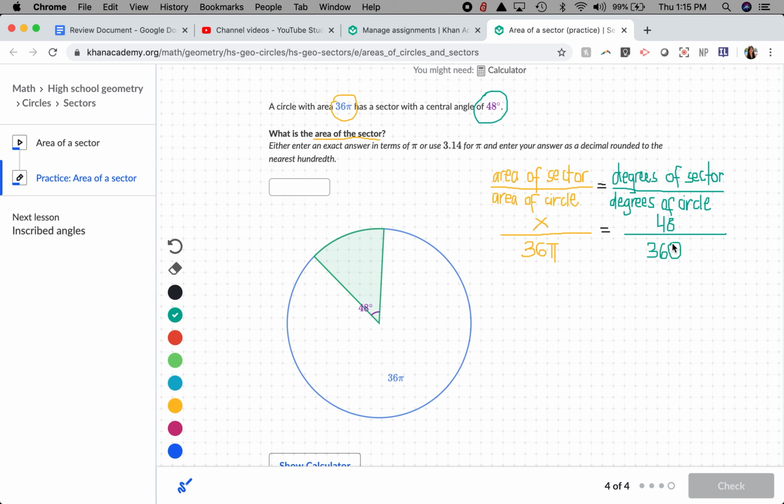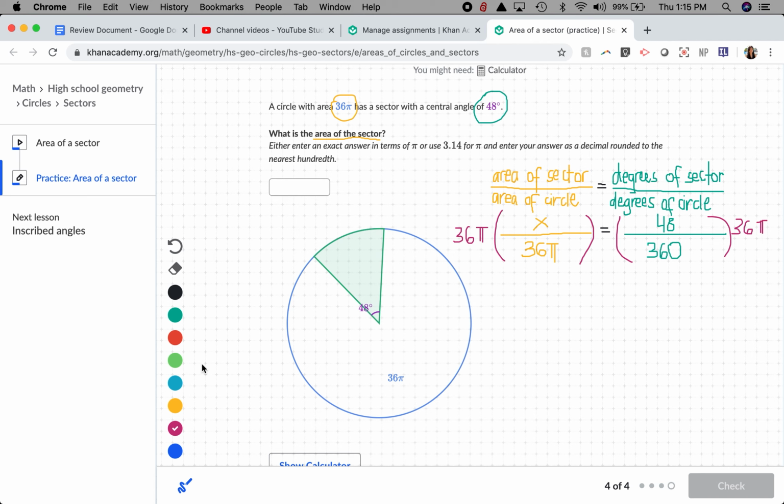All right. Now let's go ahead and figure out what x is. Currently, it is being divided by 36 pi. Again, we want to do opposite operations, so we're going to multiply by 36 pi. And to keep our equation balanced, I'm going to do that same thing on the right side.